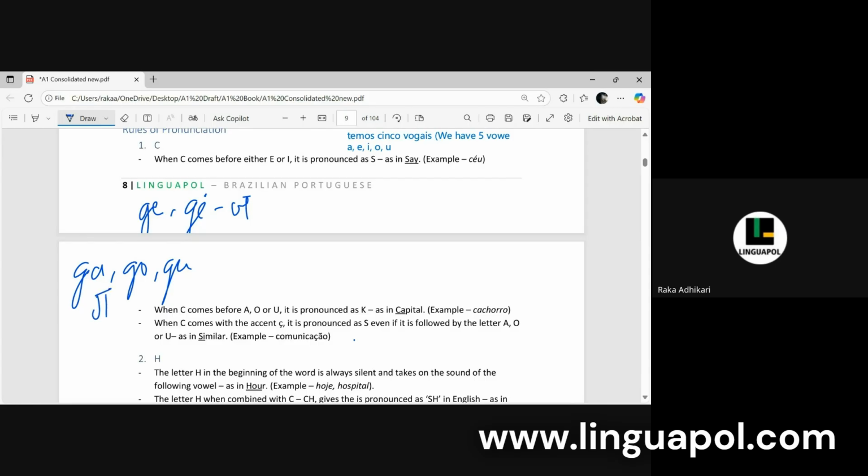So let's see some examples. First word, geral. So in Brazilian, we'll say geral, in European, we'll say geral. Means general. Gente means people. So you can say gente in European and gente in Brazilian.